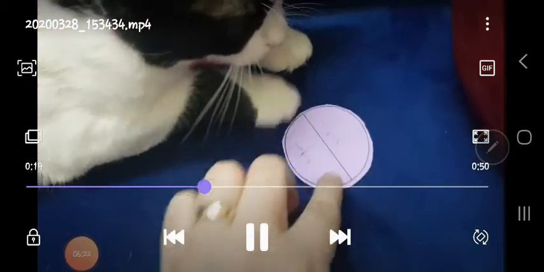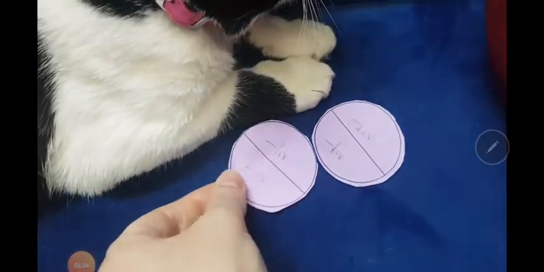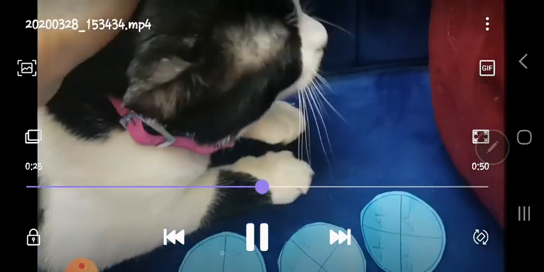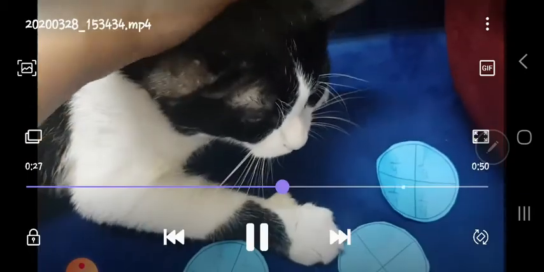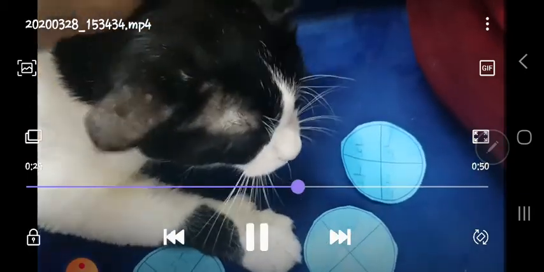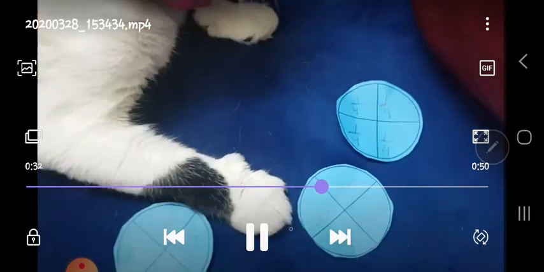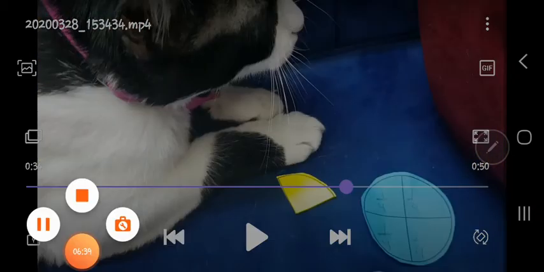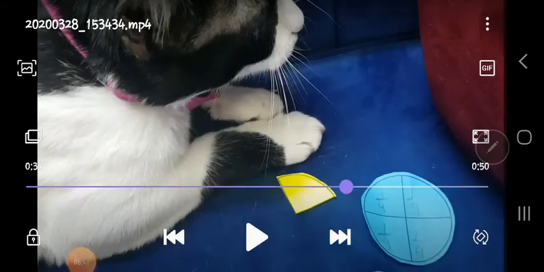Now Cookie is still hungry and she didn't like to take this half, so I will give her 3 pizzas this time, and each one, as you can see, is cut into fourths. 3 pizzas, each one is cut in. You see the fourth is very small, so Cookie can eat it.